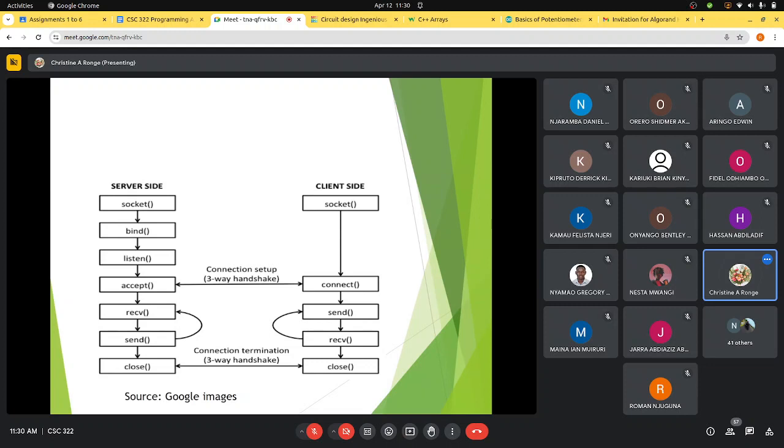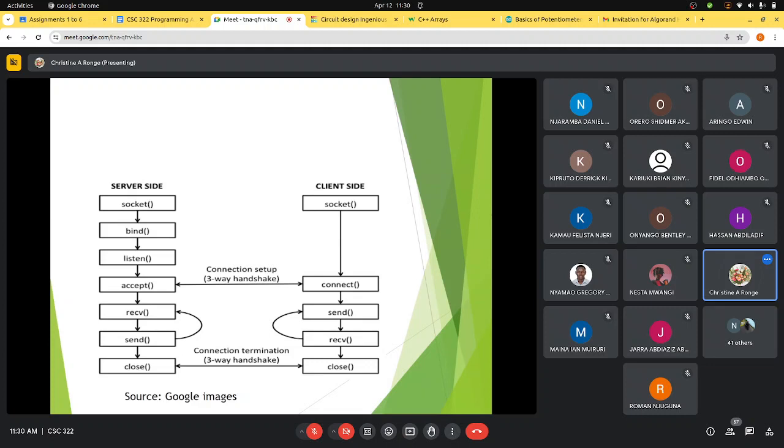So this diagram, I think we saw it when we were talking about connection establishment. And now what we really need to look at is this half of the diagram, because I think we had looked at the connection establishment part. So now remember that by the time we did the connection establishment, they were both in the connection established state.